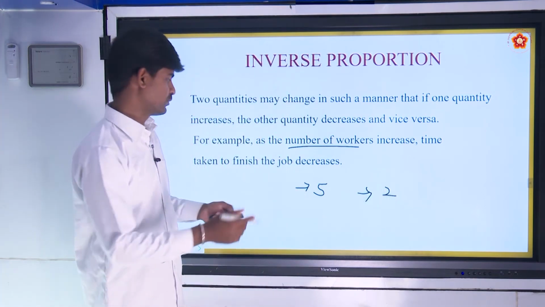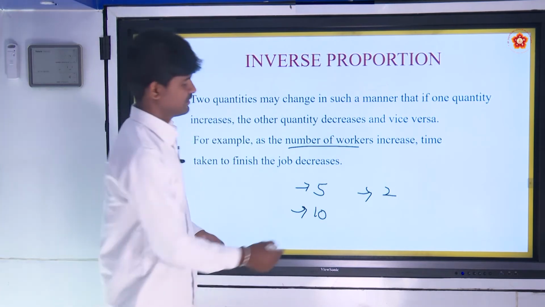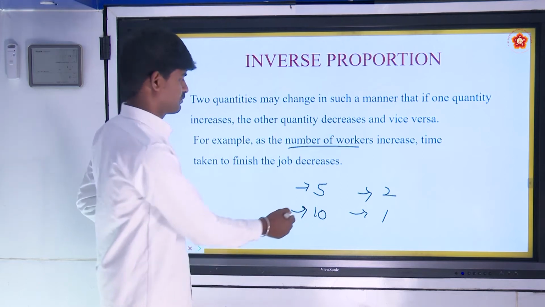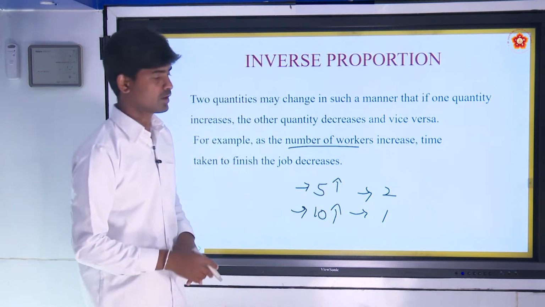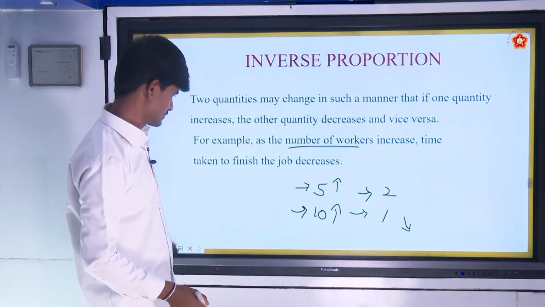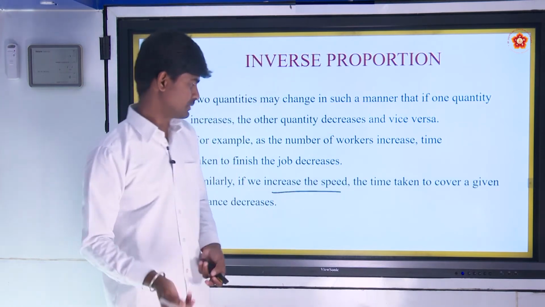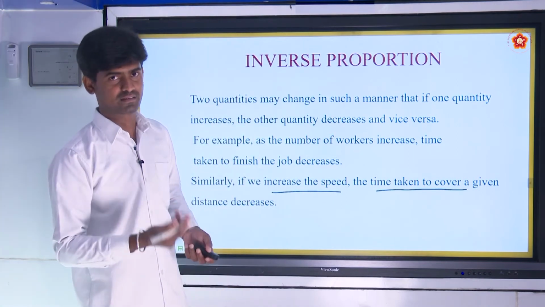Suppose the number of workers is 10 per day, it will be completed in 1 month. Okay, so it is vice versa. See, as the number of workers increases, the time to complete that work decreases. Similarly, if we increase the speed, the time taken to cover a given distance decreases.